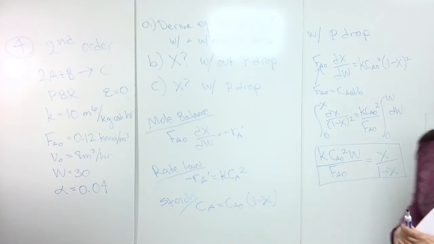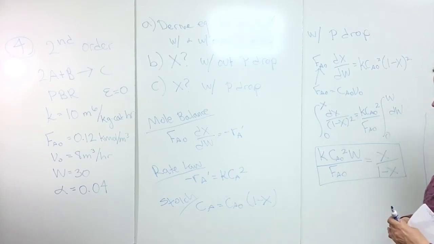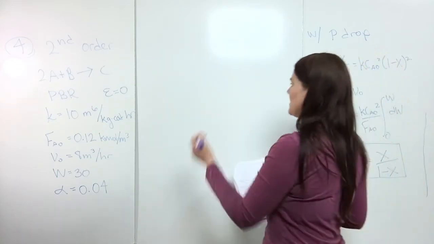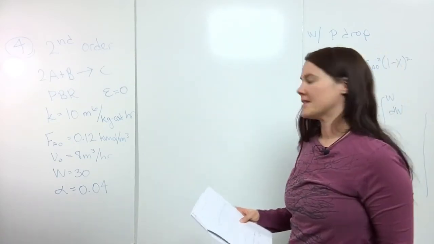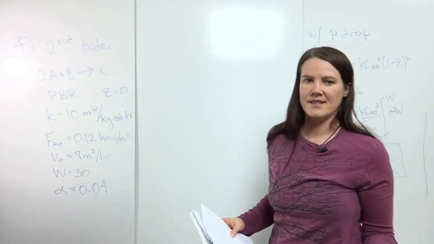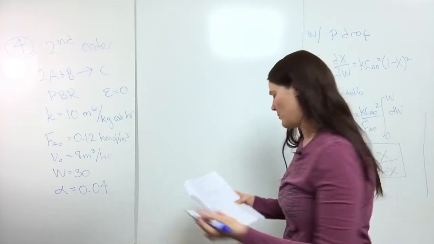So now I'm going to erase some stuff and go through the one with the pressure drop. I'll rewrite the mole balance and rate law and stoichiometry just so you can see where you account for the pressure drop.